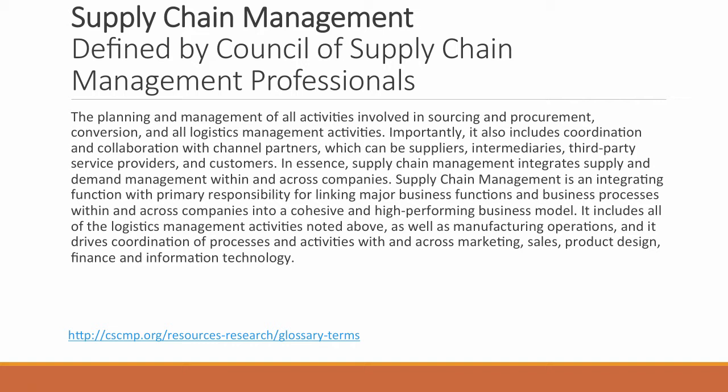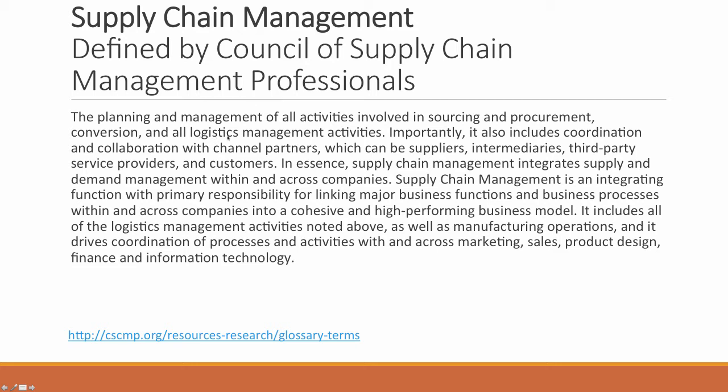But basically, supply chain management means finding a source and actually purchasing things that you need for your organization, and then converting those things. Maybe you might convert raw materials into a particular product that you sell, and all logistics management activities.